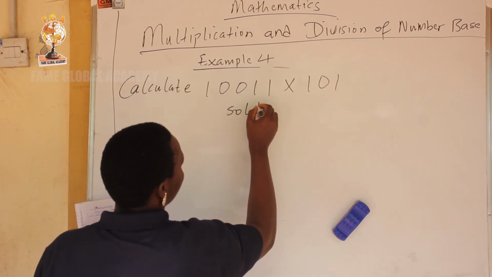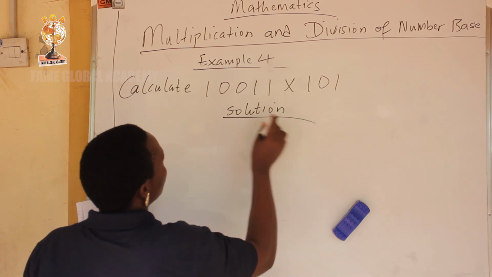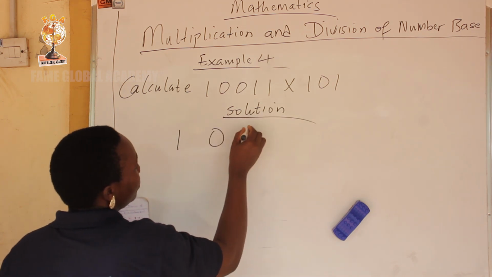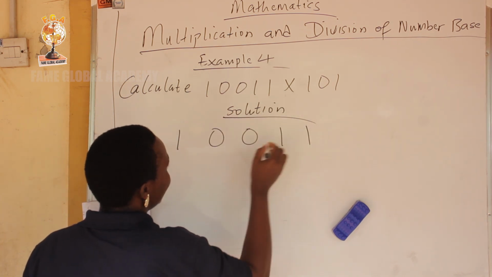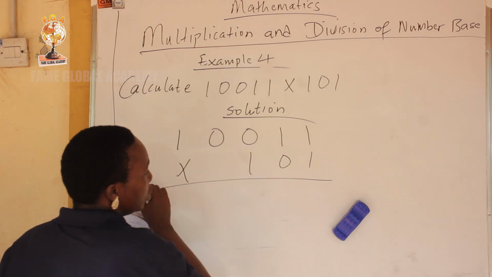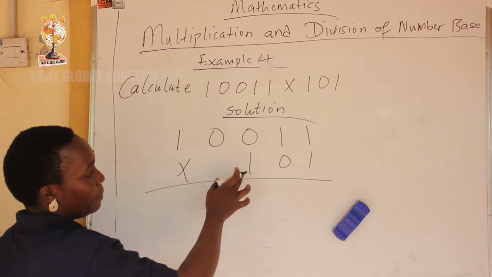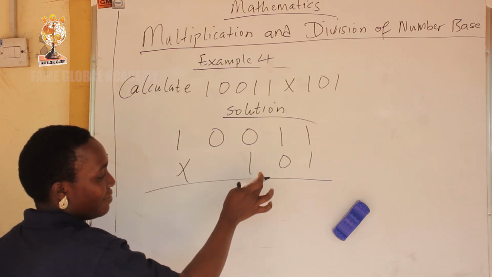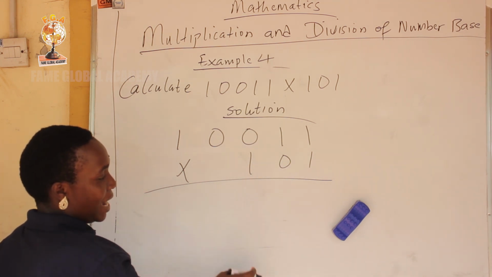Solution. So we have 10011 multiplied by 101. Okay, so in this case now we are multiplying with 3 numbers. So we are going to be having 3 answers before we add.